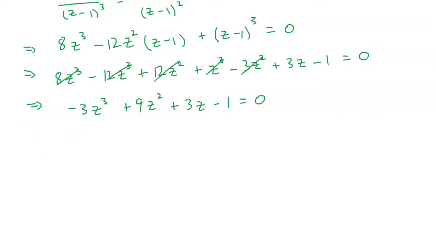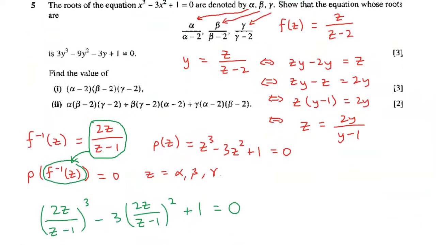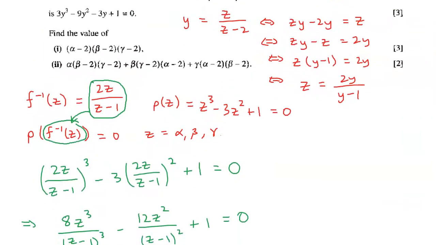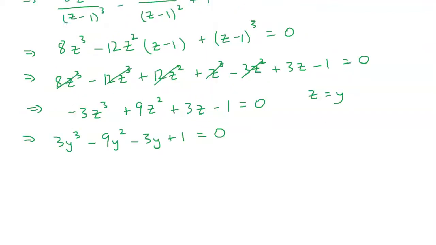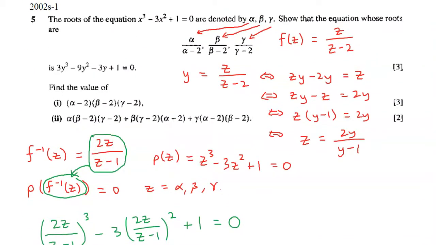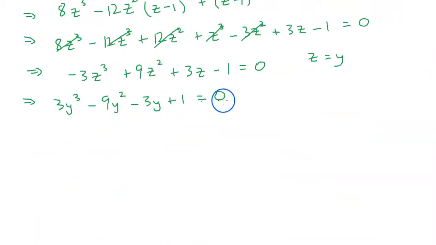And is that what we were supposed to have? Almost, it's just on the other side, and they call it y instead of z. So bring everything to the other side, we get 3y cubed minus 9y squared minus 3y plus 1 equals 0, which is exactly what we were supposed to have.